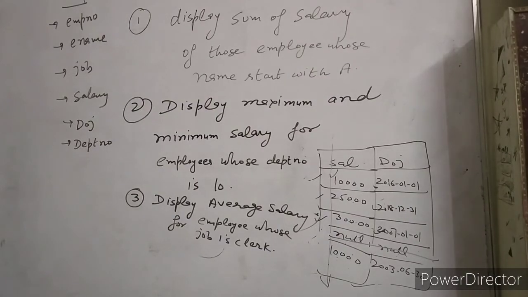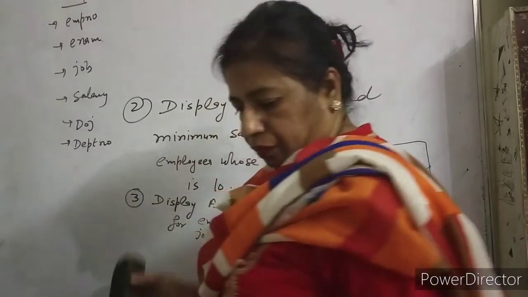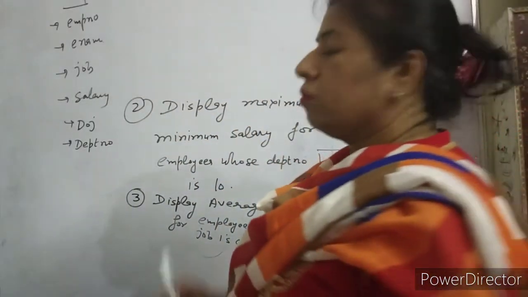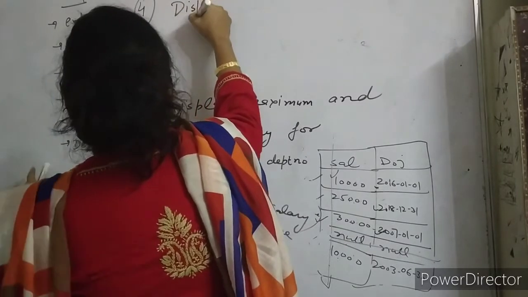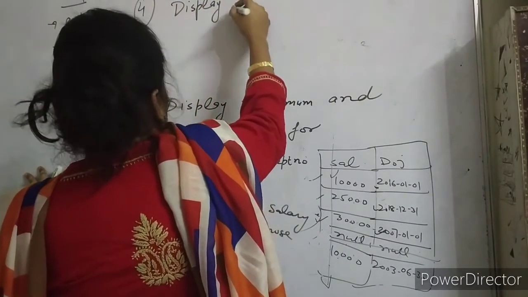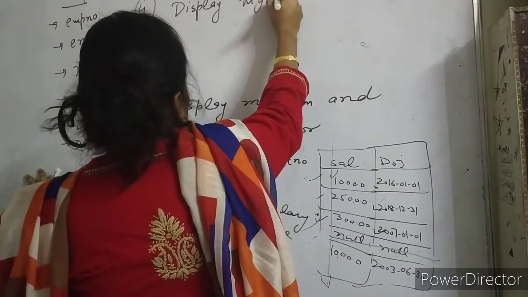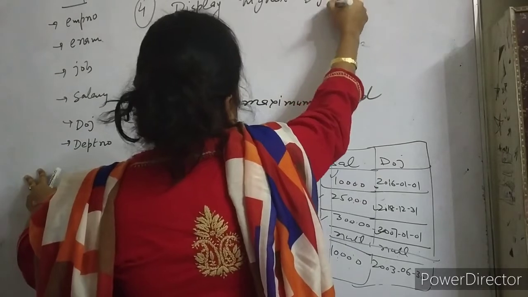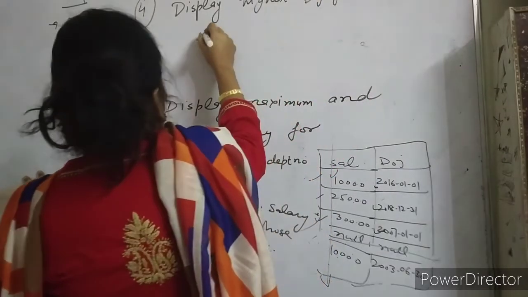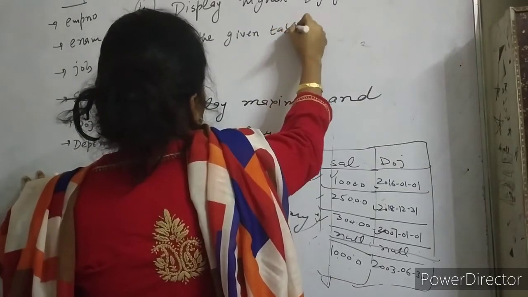Now 2 more. Fourth query: display the highest date of joining from the given table EMP.